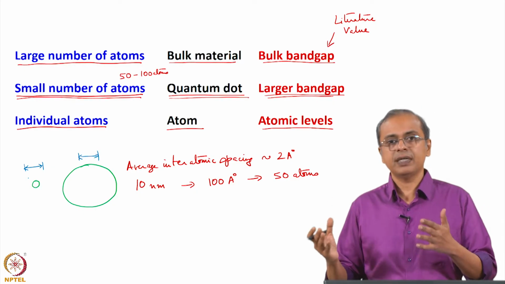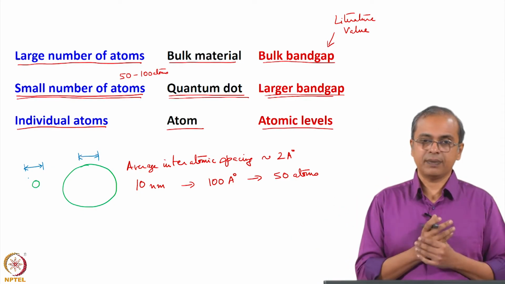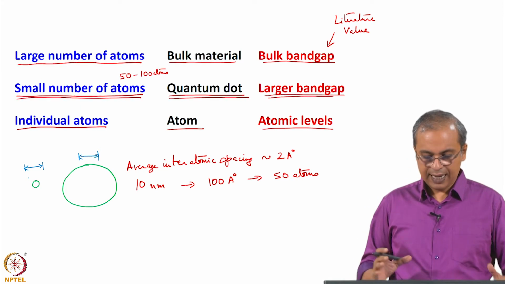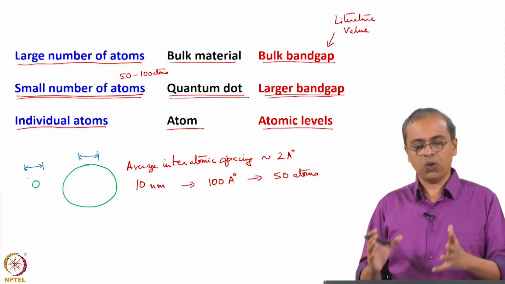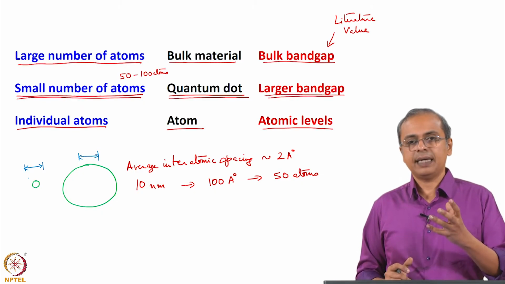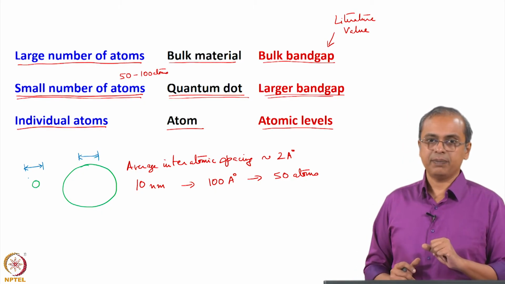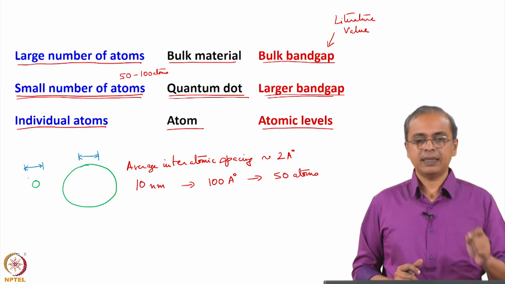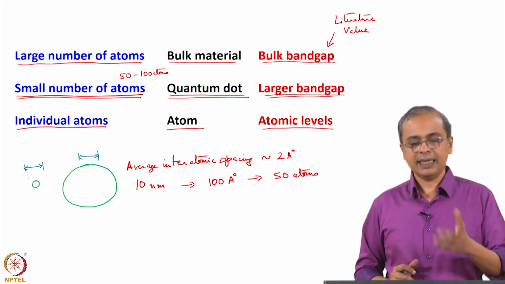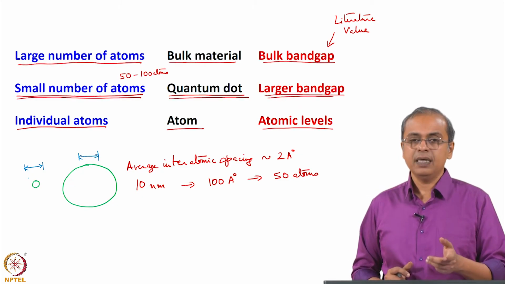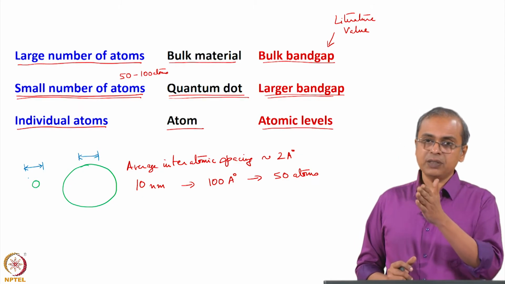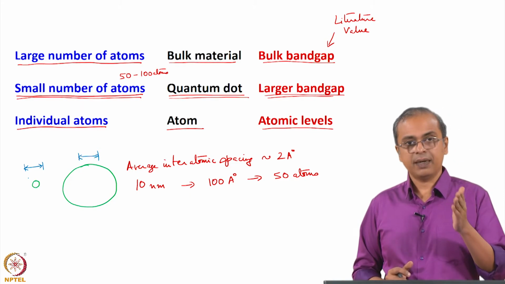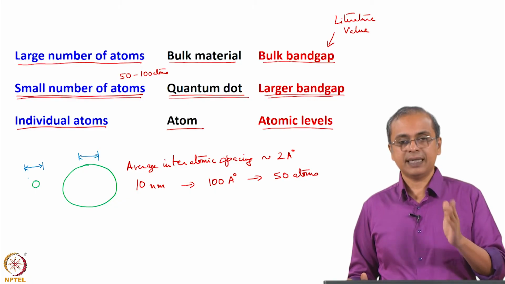Usually it is a blue shift, which means it is moving towards higher frequencies or lower wavelengths. This is called creating a quantum dot, and with this you can change the optical property of that material, and therefore, you can get the same material with a different band gap. This is a very important technical accomplishment for us, because you can now get a range of materials which have a wide range of band gaps, but the chemical composition is exactly the same.